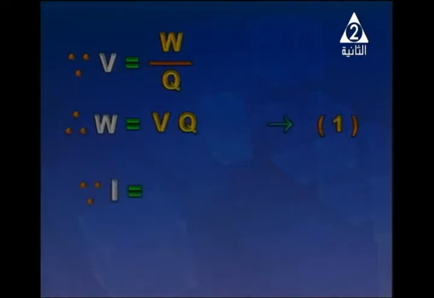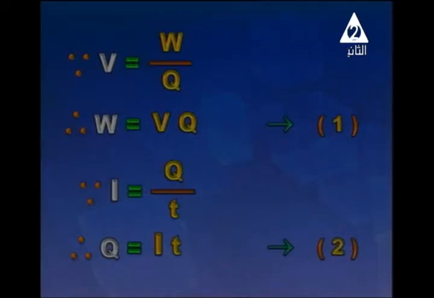And since current intensity is calculated from the formula I equals Q over T, quantity of electricity equals I times T. This is the second equation. From equations 1 and 2, it's easy to get the expression that gives the electric energy.